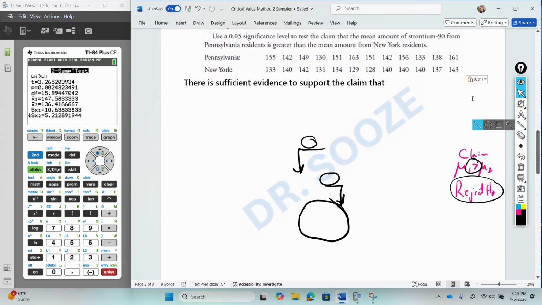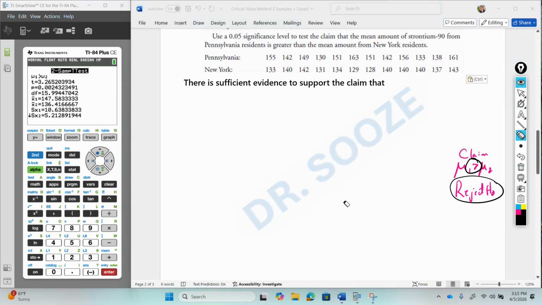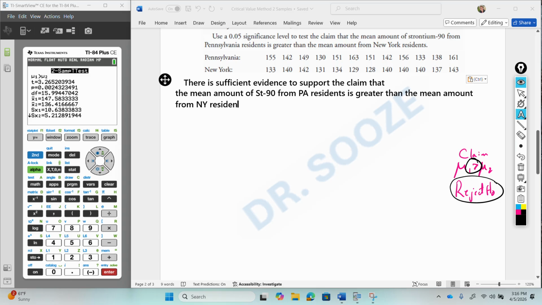That the mean amount of strontium 90 from Pennsylvania residents is greater than the mean amount from New York residents.